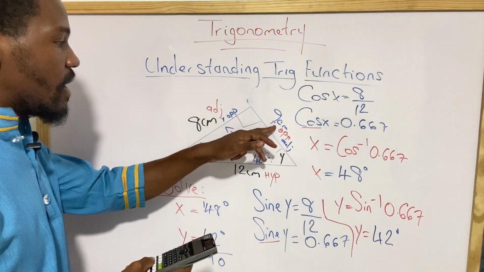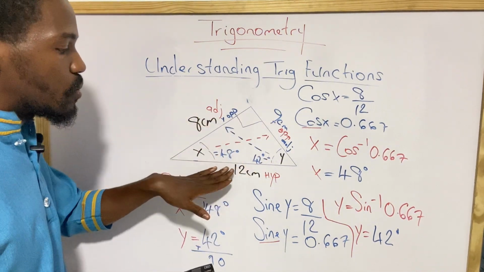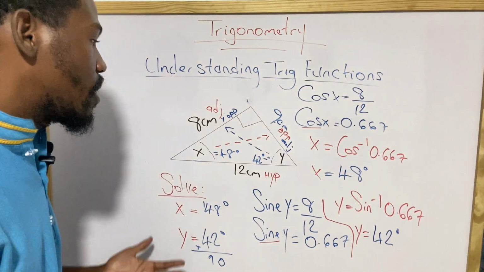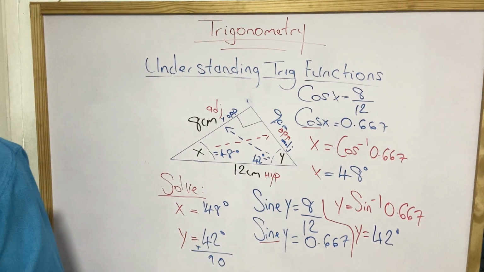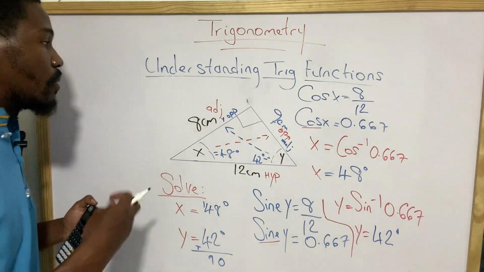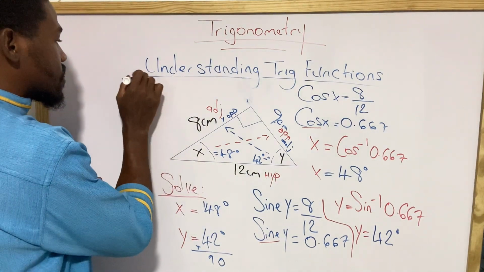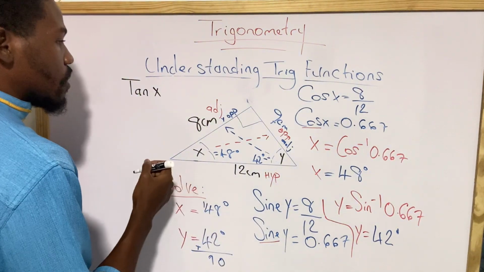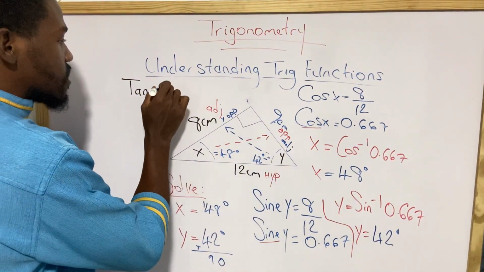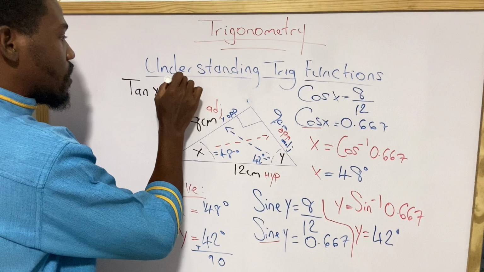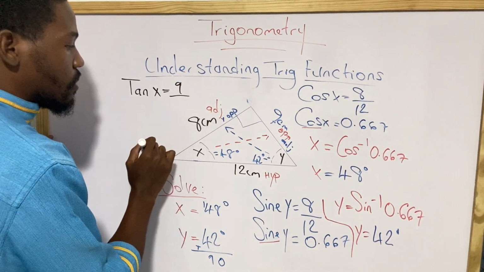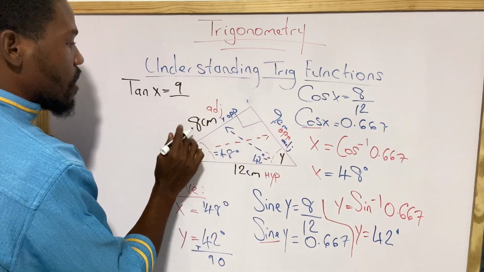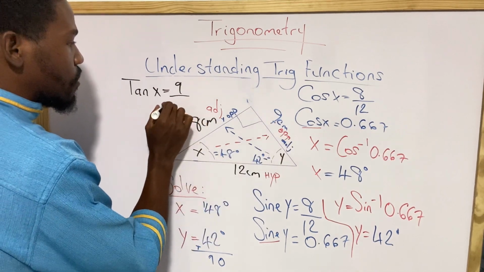So if this is 9 and this is 8, say for example this wasn't known now, so we never had the hypotenuse, right? If we were to use the tan now to find it, the tan of x, it could be the tan of x or the tan of y, right? So the tan of x would equal 9 over 8, the opposite of x would have been 9, and the adjacent would have been 8.